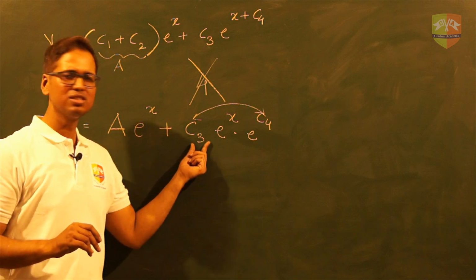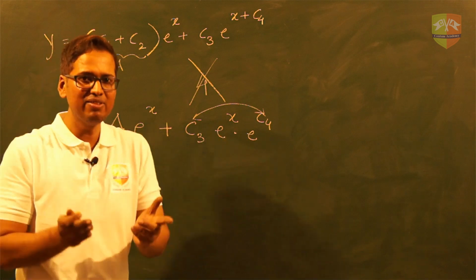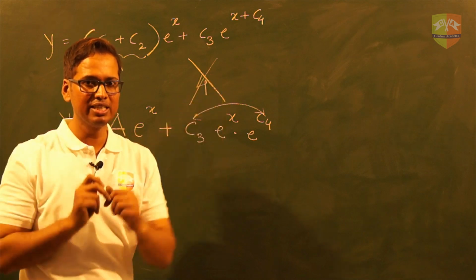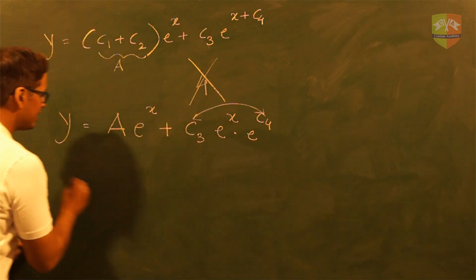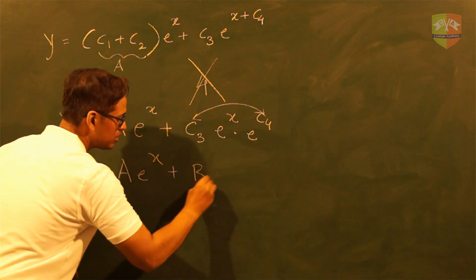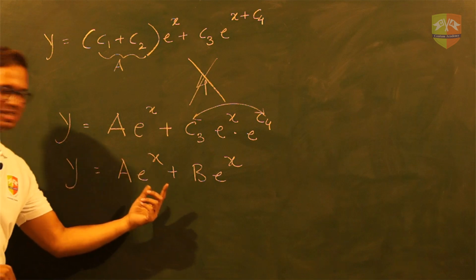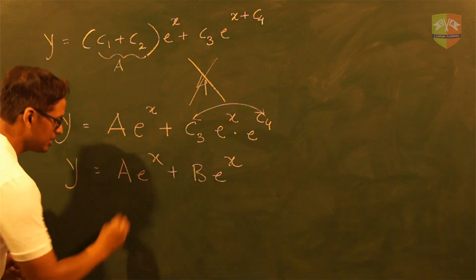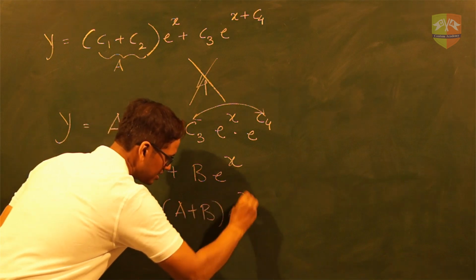So this is a constant, agreed, this is a constant, agreed. Their multiplication will effectively generate only one arbitrary constant. So I can club them and write it as b e to the power x. Not only that, e to the power x, if I take common, I can write it like this.